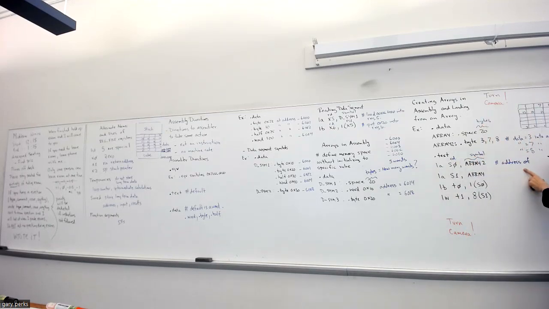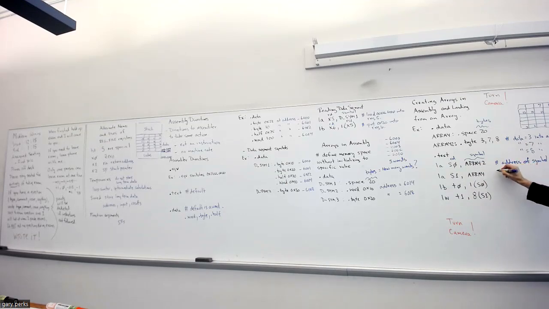So it's going to take the address of symbol array 2 and put it into register S0. So array 2, like we said, its first address here is 6014. So you see, it would put 6014 into register S0.